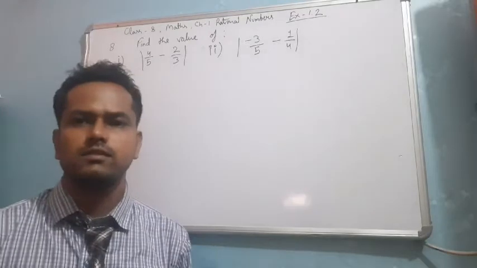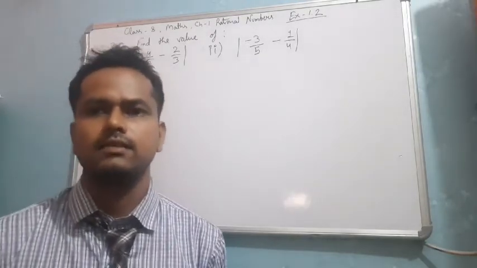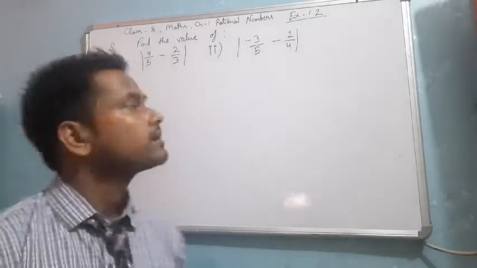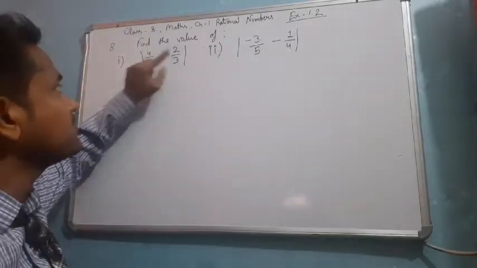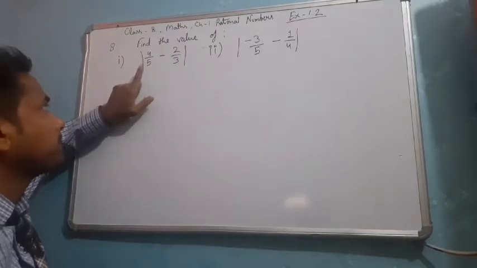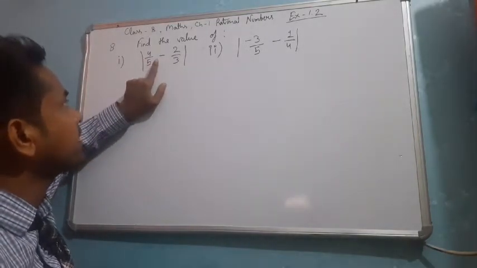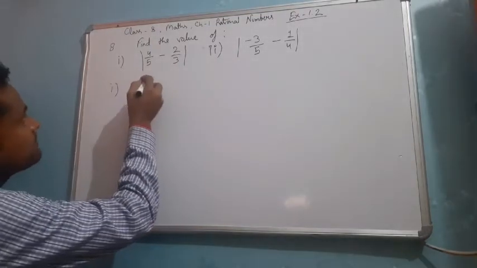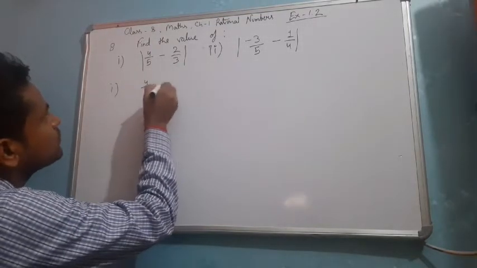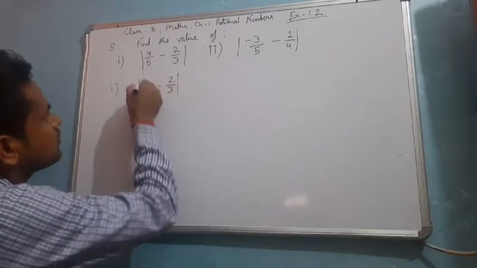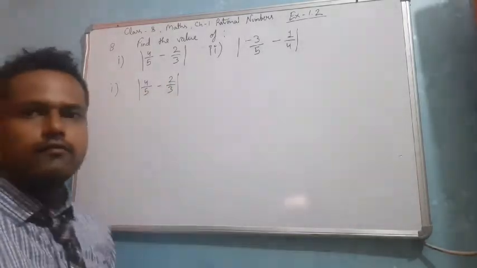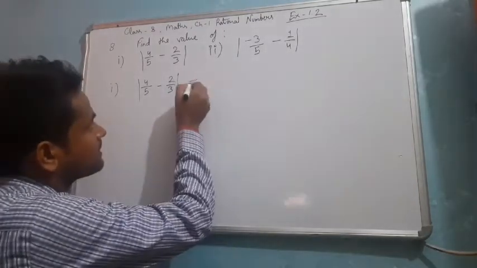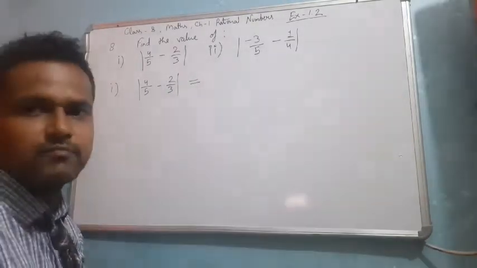Question number 7 is the same as question number 6, so I am going to tell you question number 8. In this question, find the value of mod of 4 by 5 minus 2 by 3. Simply you have to solve the given fraction, that is subtraction of fractions, which you were able to solve in class 5th or 6th.